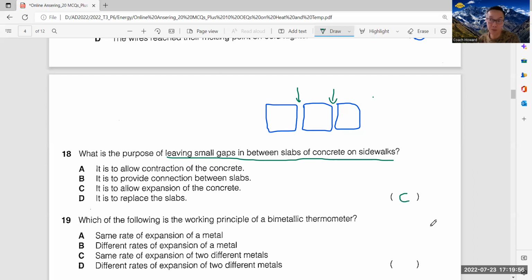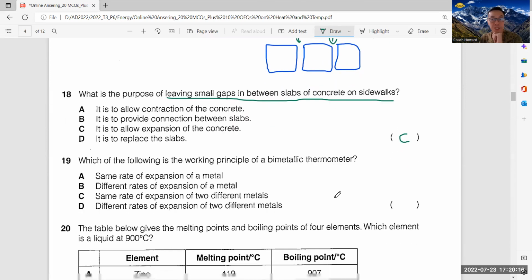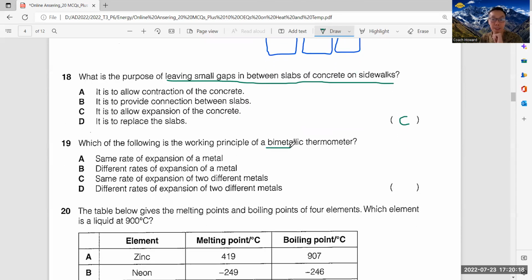Okay, this can also be observed if you go to an MRT station, those above ground level. The MRT track is also laid with small gaps in between to allow for expansion. Okay, next question. If you see this word bimetallic, it means two types of metal.